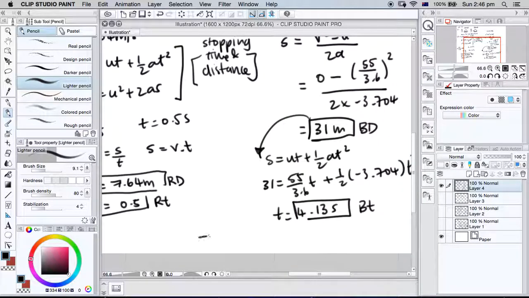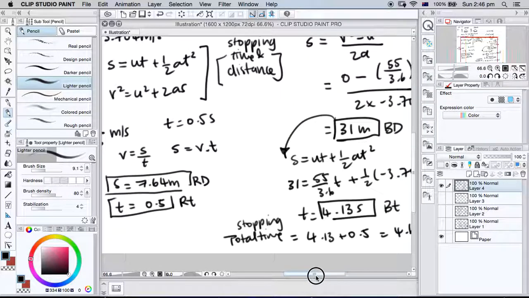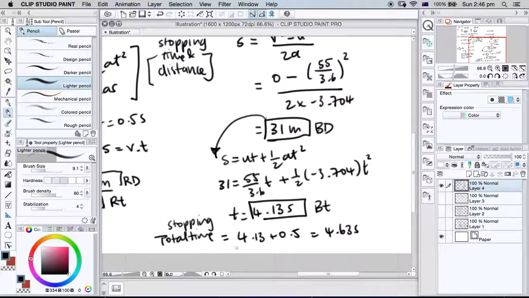So total time, also stopping time, is equal to 4.13 plus 0.5, which gives you an answer of 4.63 seconds. And then stopping distance, you do the exact same thing: 7.64 plus 31 gives you 39 meters roughly. So these are the two answers for question 10F.